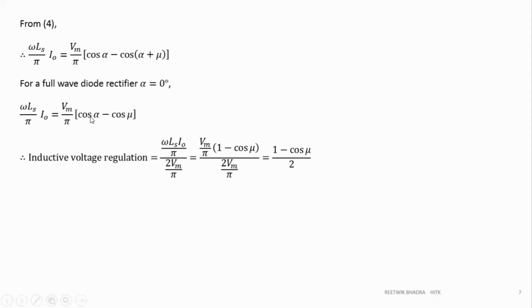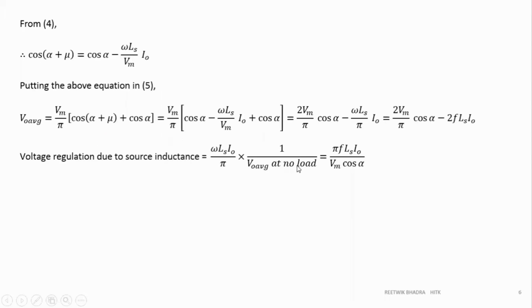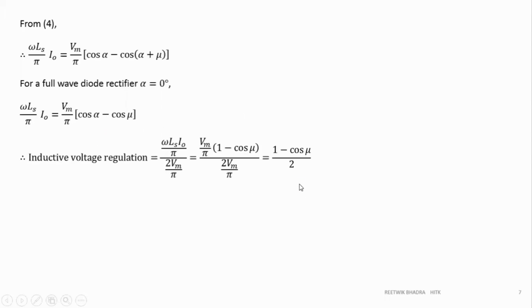So that gives you cos alpha minus cos mu, that is 1 minus cos mu. So that's why this 1 minus cos mu is coming over here. You can put the values and do it on your own according to this calculation as shown over here. Please try it. Put alpha equal to 0 because of the diode rectifier in the same calculation.